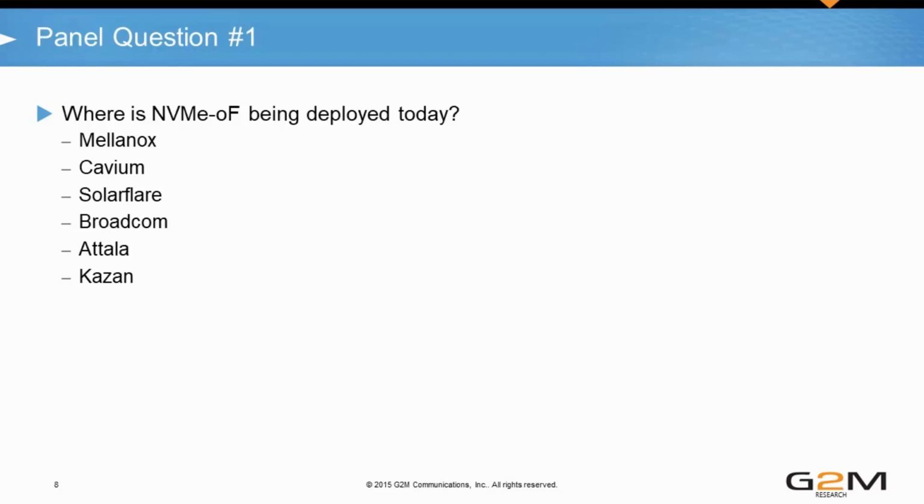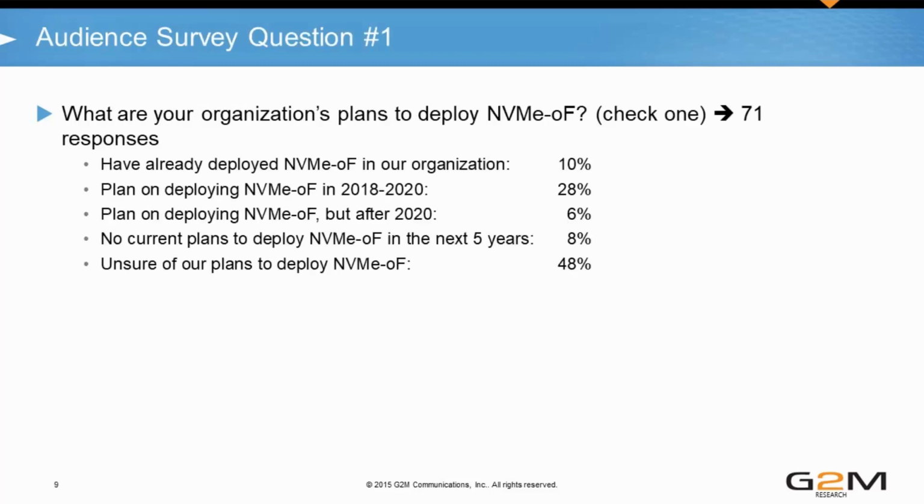All right, so audience members, please let us know: what are your plans to deploy NVMe over Fabrics? You've already deployed NVMe over Fabrics. You're a pioneer, and I would like to rent you my patented arrow removal kit. You plan on deploying NVMe over Fabrics next year or in the next 3 years.